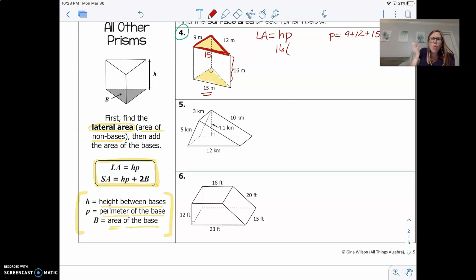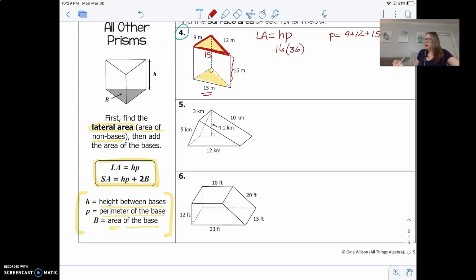Pythagorean theorem. What? That's crazy. Yes, you're still going to use that over and over again. So because this is a right triangle, we could have done Pythagorean theorem to find that that was 15. But they were so nice and they gave it to us. Okay? So now on our handy dandy calculator, we do our calculations, and we get that the perimeter is 36.